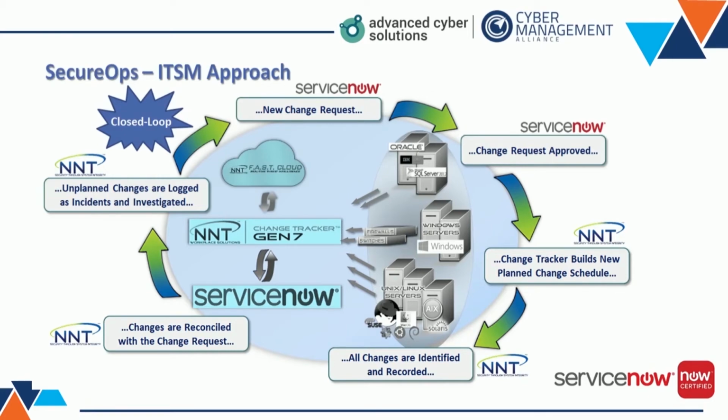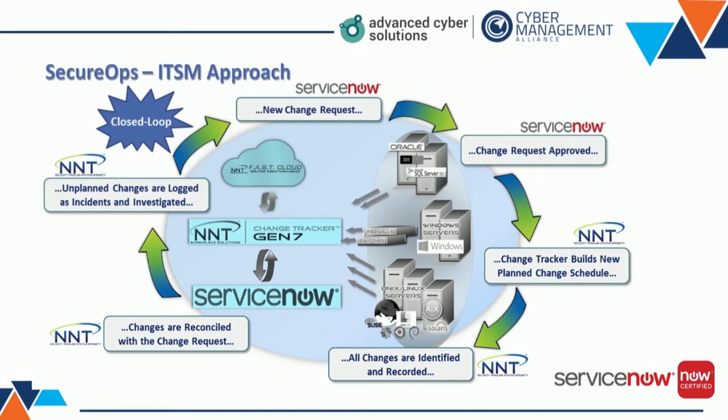Go ahead. What we're attempting to do here is create a closed-loop change control process. So in ServiceNow, you already will be creating change windows. So you know that Windows updates or an installation or a change of some kind might be taking place on a server or network device, and you're putting that into ServiceNow.